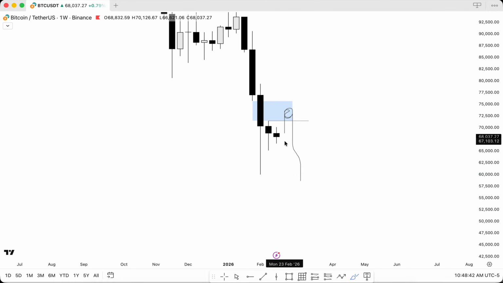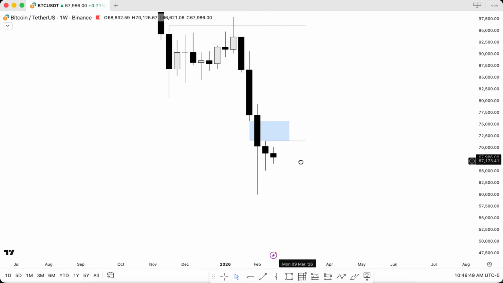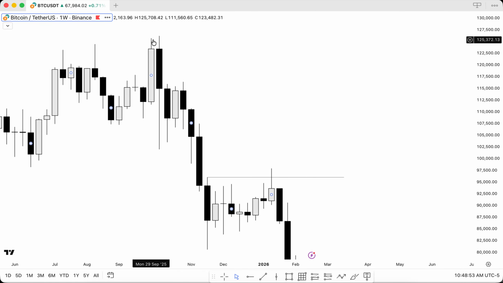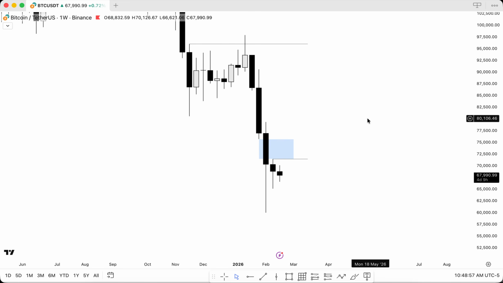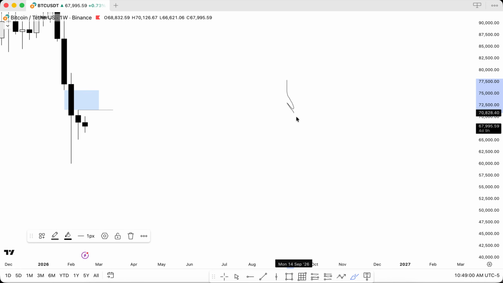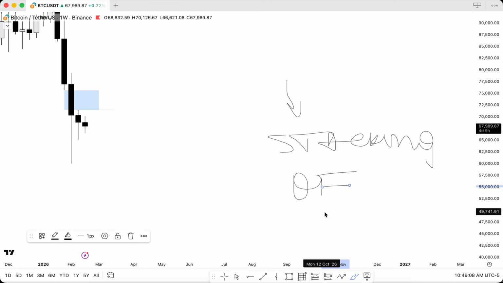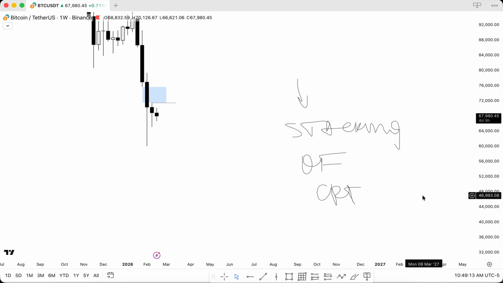All newly made liquidity pools, which are low resistance liquidity in this case. And this soup will follow this soup, which follows this soup and this soup, right? Stacking order flow by candles, only with CRT. That's it.